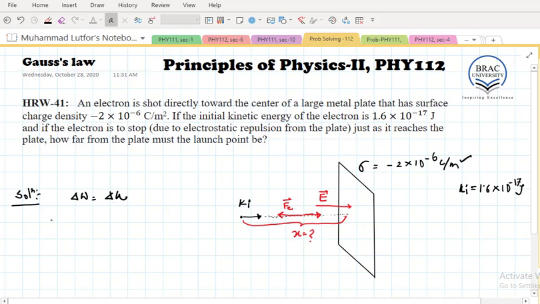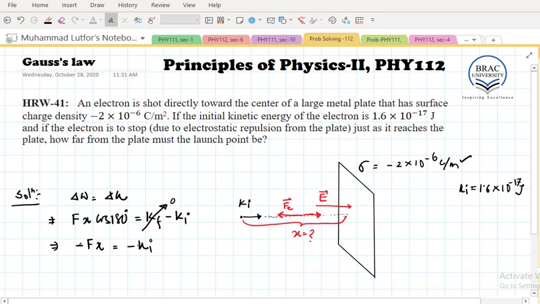The work done is the electrostatic force on that electron times the displacement, which is x, times the cos of the angle between them, cos of 180 degrees, and this must equal the kinetic energy final minus the kinetic energy initial. The final kinetic energy is 0, because it stopped over there. And cos of 180 degrees is minus 1. So we find that Fx would be minus Ki.